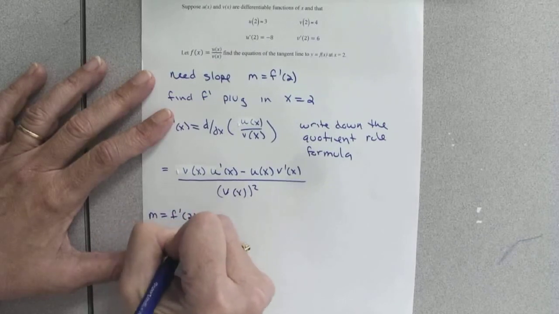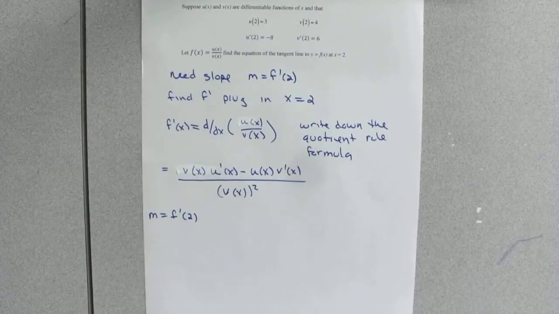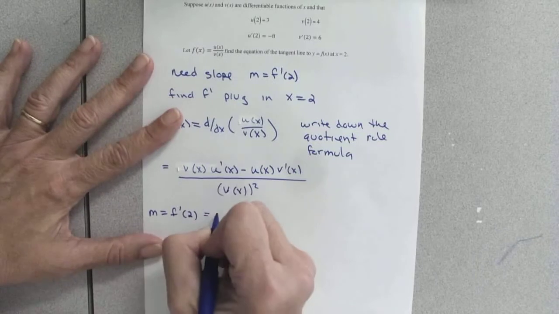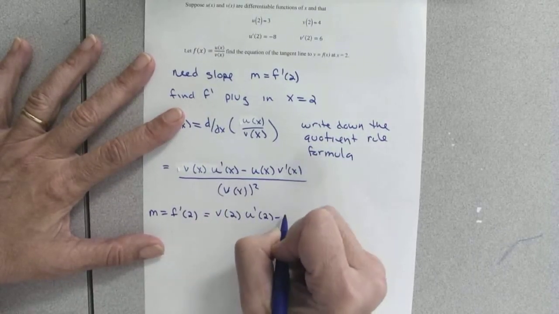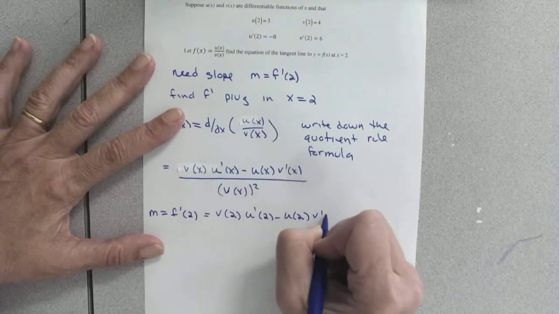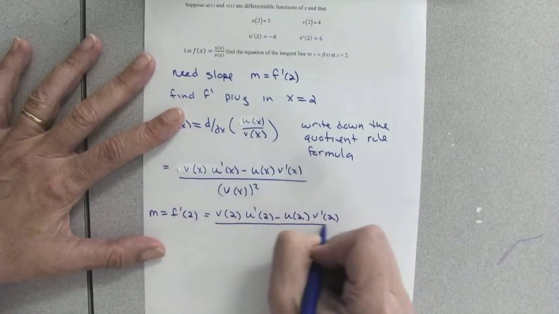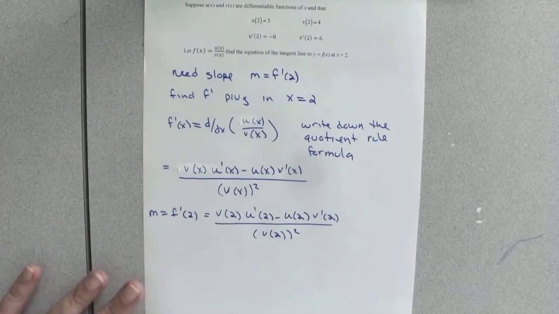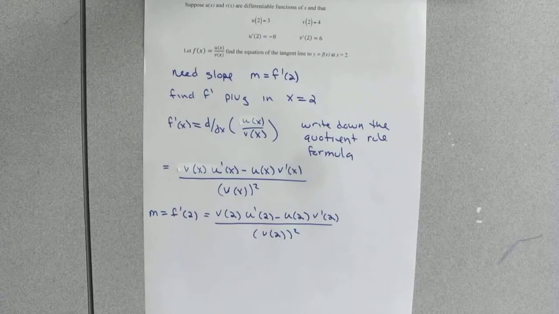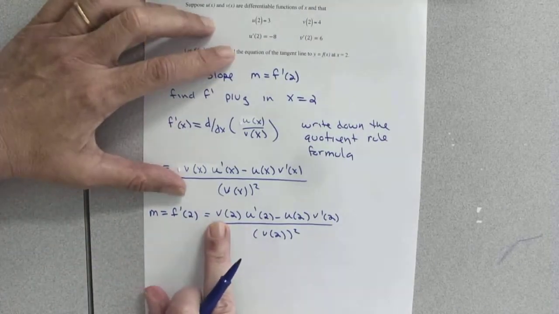Then the slope specifically was f prime of 2, so plug 2's into all those. So all I could do to start was say I need a derivative, but I didn't actually have any rules, so all I could do was write down what the basic quotient rule says.